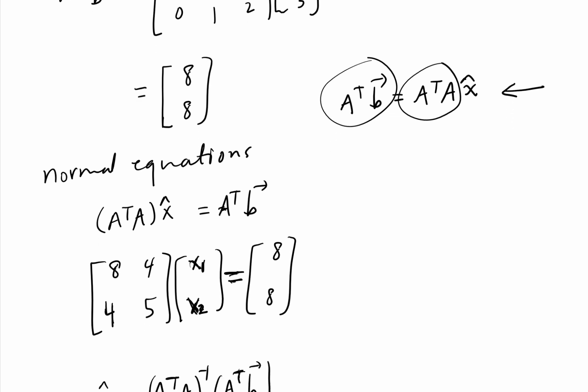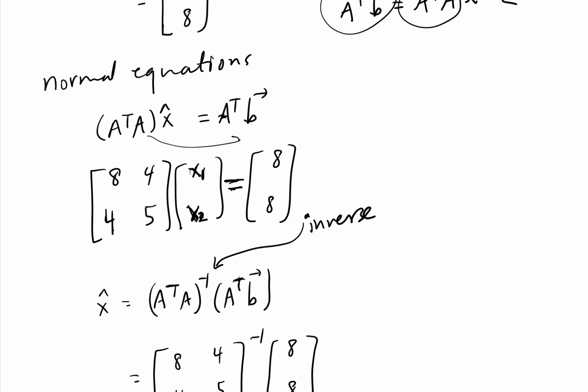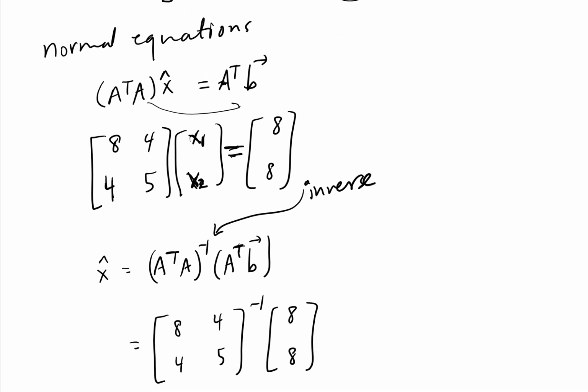So now, to find x hat, it's not like moving this to the other side, but we multiply by the inverse of that. So we take what we got for A transpose A and we find its inverse.